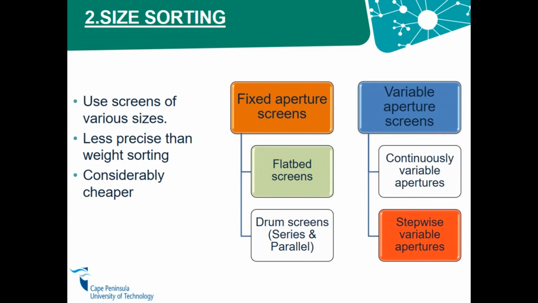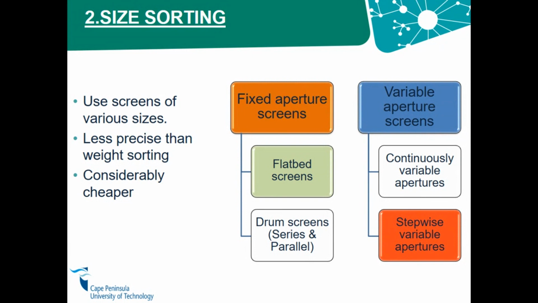Here we find two types of sorting mechanisms: fixed aperture screens and variable aperture screens. Under fixed aperture screens, you've got flatbed screens and drum screens, which can be in series or in parallel, and then under variable apertures, you've got continuously variable apertures or stepwise variable apertures.